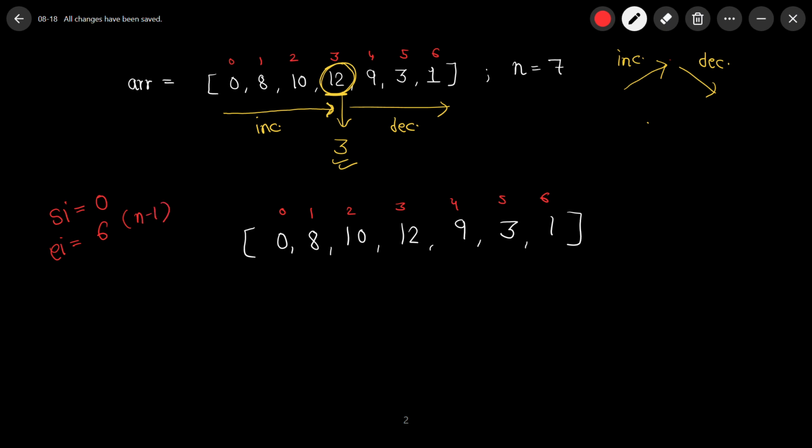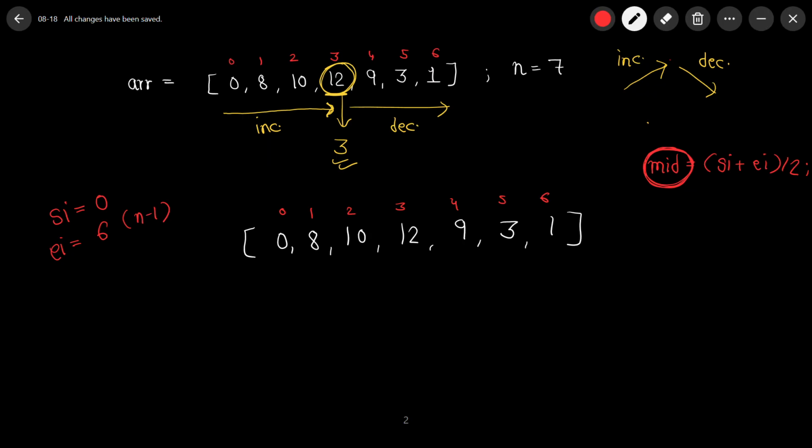Every time we compute a middle index, which is nothing but the average of the starting and ending index. And we just make our decisions based on the element present at the mid index. That's all we would do in this also.